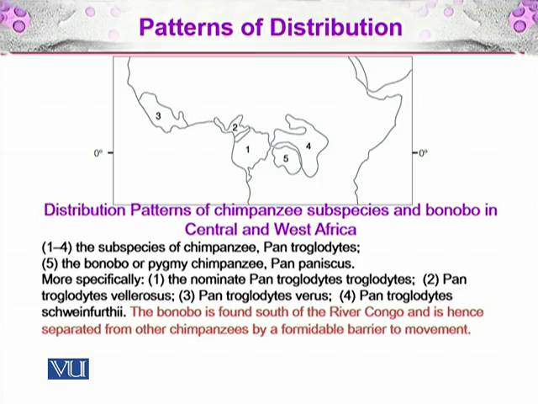The bonobo is found south of the River Congo, and is hence separated from the other chimpanzees by a formidable barrier to movement. So the bonobo diverged and had a different distribution, as well as being a completely different species from the chimpanzee, because there was a geographical barrier, the Congo River in Africa.